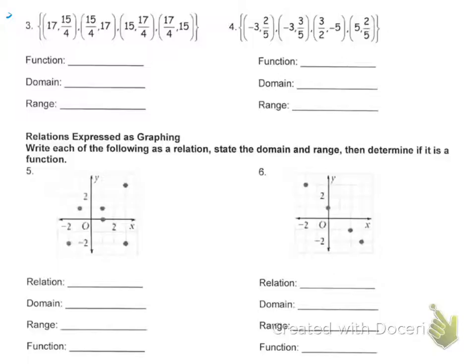So, guys, if I'm given a set of points, it's real easy. Now, for our domain and range, basically these questions are asking three questions. Is it a function, yes or no? State the domain and state the range. Now, when I am given a set of points, interval notation's not as good. So we'll just stick with set notation here.